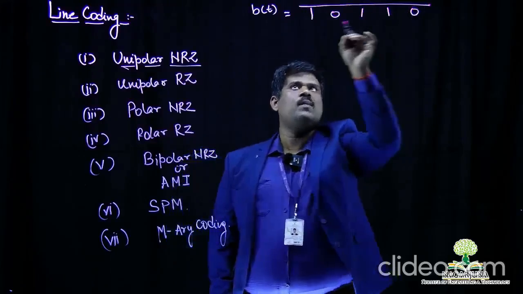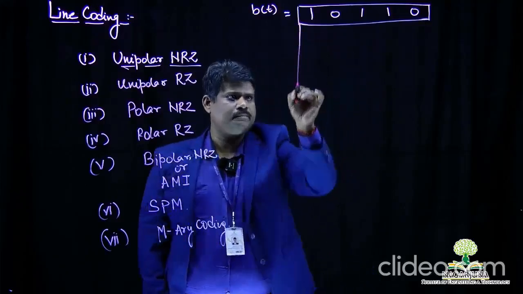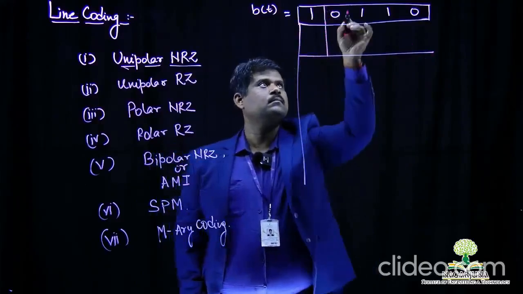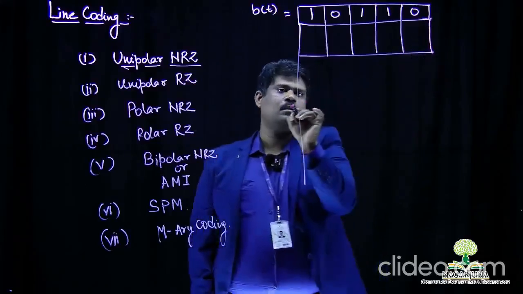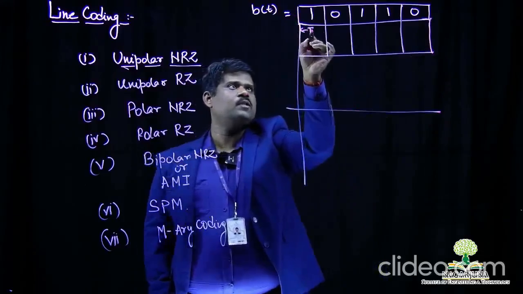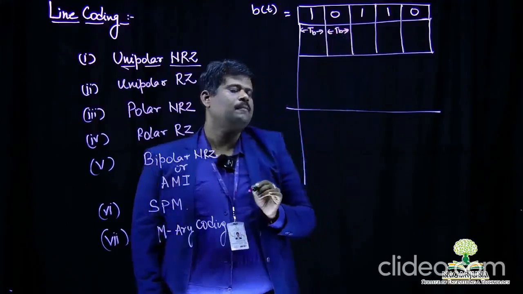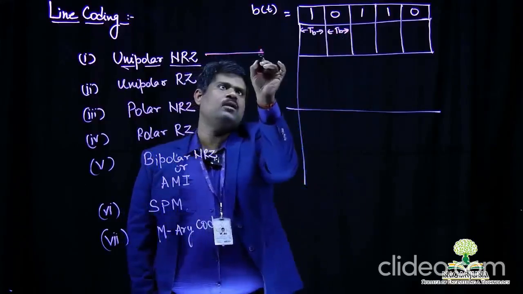Let us represent this binary data sequence in different line coding techniques. This is the 1-bit interval, which is represented by TB, and I want to draw the unipolar NRZ waveform.